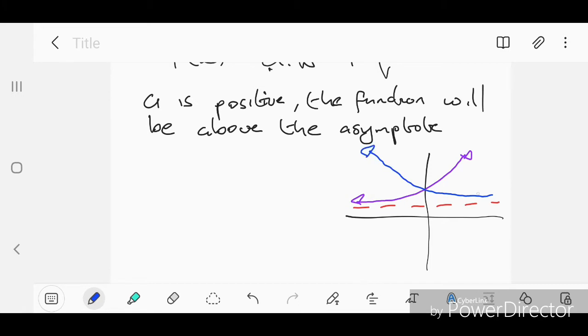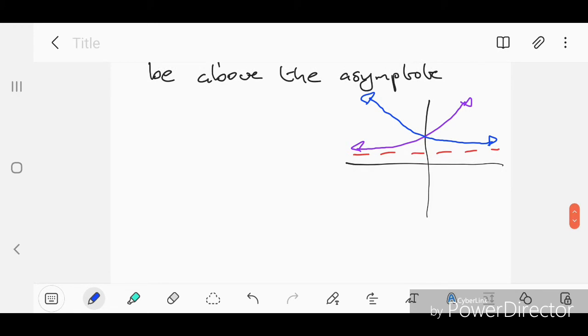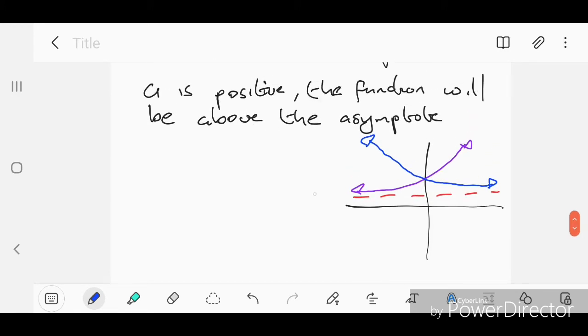For both cases, the function is above the asymptote. The blue function is above the asymptote, and obviously the purple function is also above the asymptote, right? In this case, my q is greater than 0, because you can see that q is positive, so it has moved up because it's positive. It's above the x-axis.